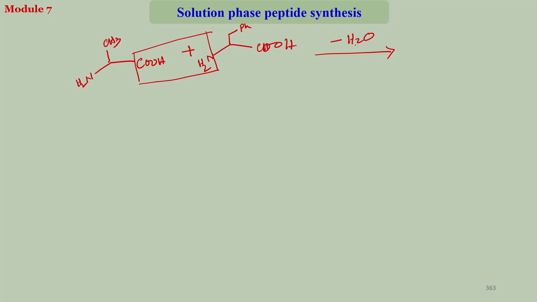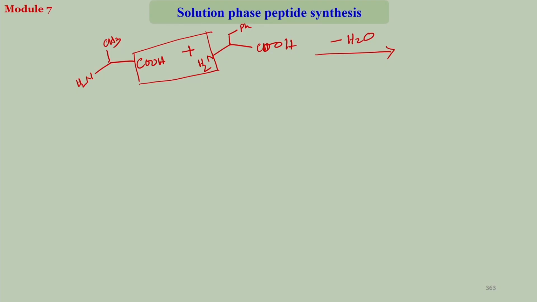But this reaction does not happen easily. If you just mix the two amino acids together, they simply do not react. Amino acids are not very reactive, so you need certain reagents to make them reactive. You need a reagent for this reaction. I will talk about the reagent a little bit later.